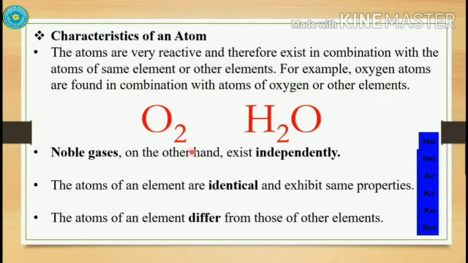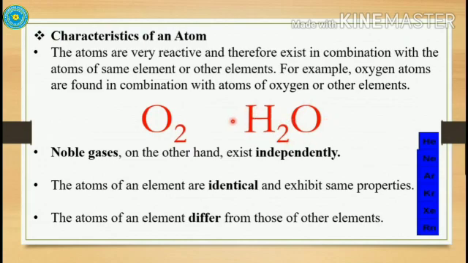Here you can see oxygen, where it is combined with another oxygen to form an oxygen molecule. Whereas oxygen is also present in the water molecule, where it is formed by the chemical combination of 2 atoms of hydrogen and 1 atom of oxygen.